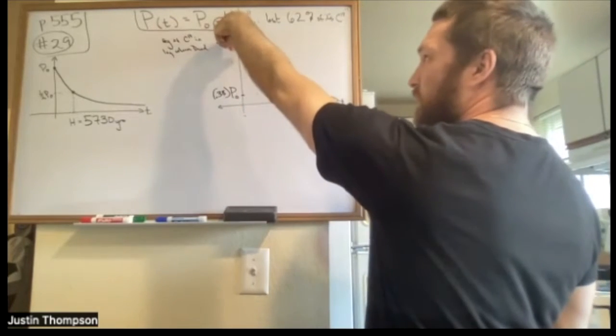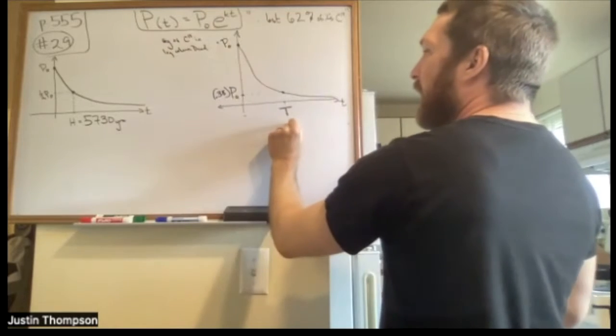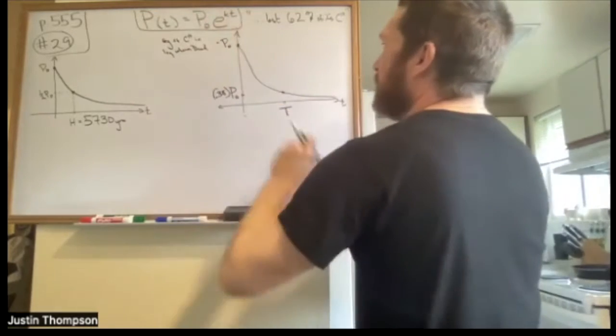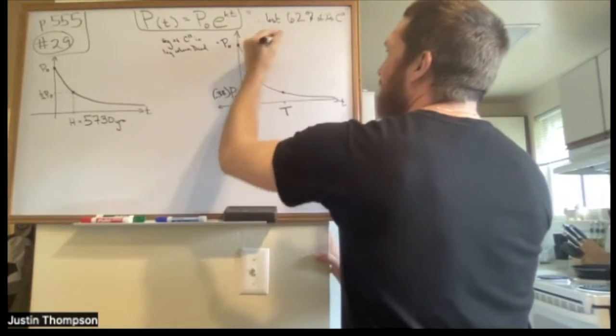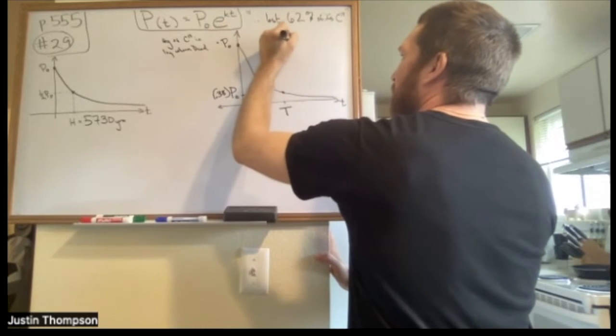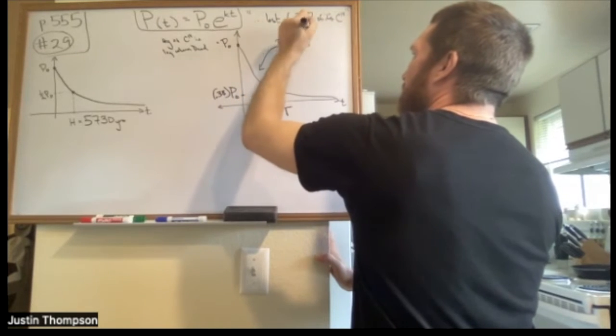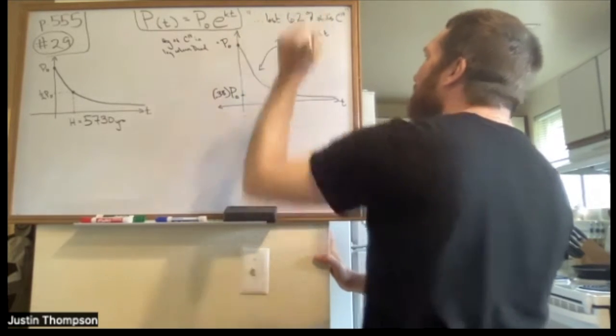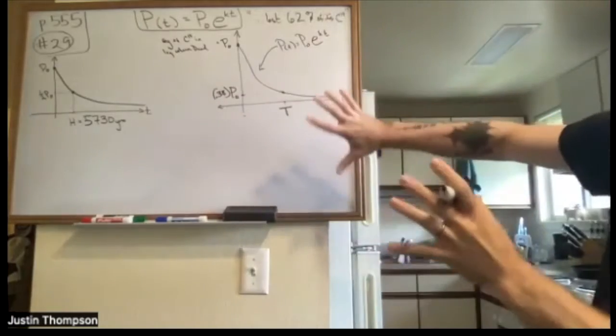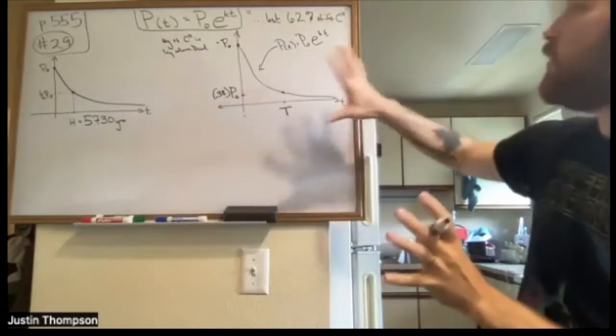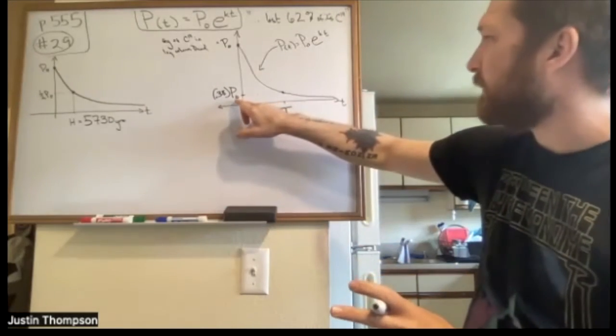So that's the value I'm trying to find. And so I'm looking at this equation right here because I know that this thing is given by P(t) equals P0 e^(kt). And I'm thinking, okay, what do I have? Well, I have an output value.